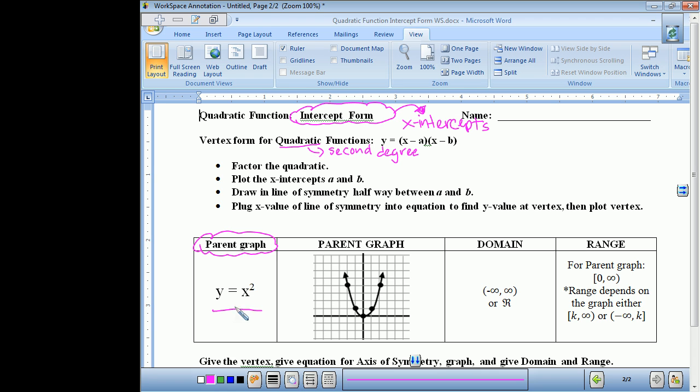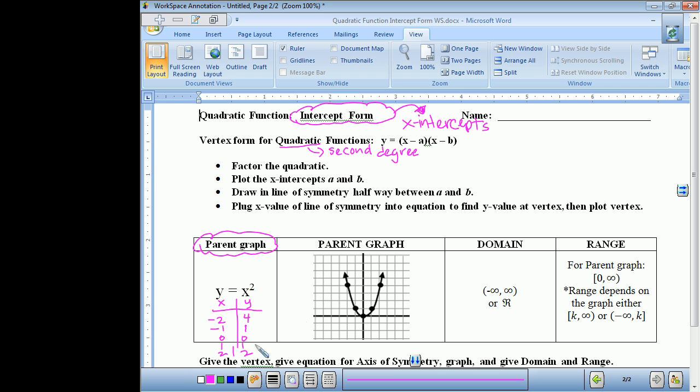Now, when we learned how to graph initially, do you guys remember we would test some numbers? If I plugged in -2, -1, 0, 1, and 2. Well, if I plug in -2, what's -2 squared? 4. If I plugged in -1, what's -1 squared? 1. 0 squared is 0. 1 squared is 1.